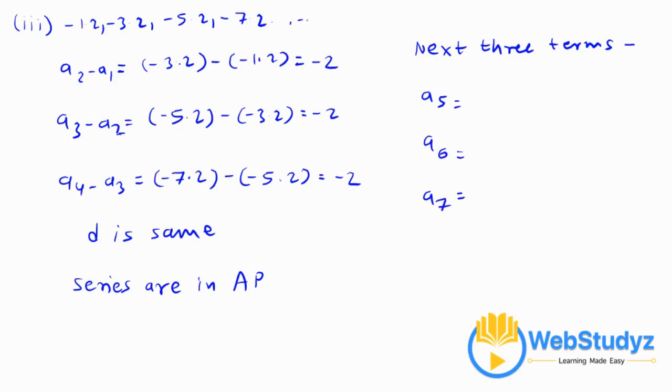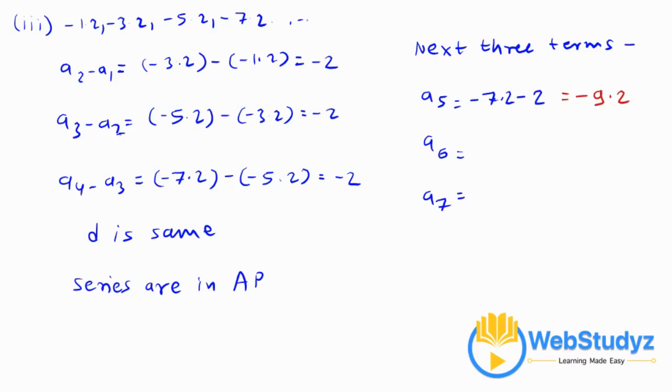So A5 will be minus 7.2 minus 2, so this will be minus 9.2.